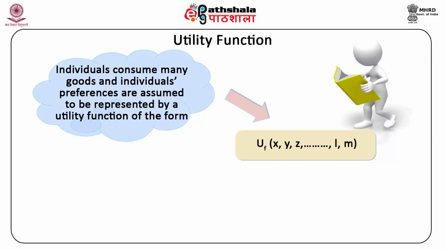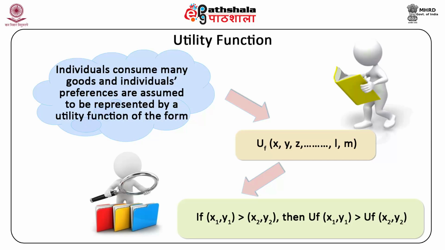So if there are two consumption bundles, small x1 and y1, and x2 and y2, and x1, y1 is preferred to x2, y2, then the numeric value of utility from x1, y1 is greater than the numeric value of the utility from x2, y2.